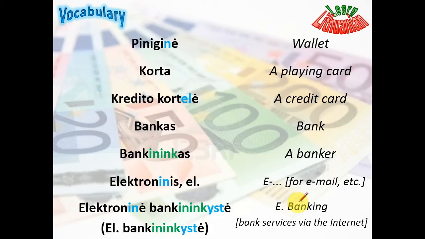When you, for instance, log in to your bank account on the internet and you see all your money, you can exchange money or send money to some other account. It's when you log in to your e-banking account, and the whole platform, the bank services that are provided via the internet, is called elektroninė bankininkystė.